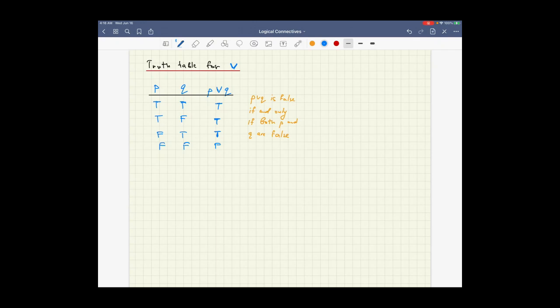Now, the truth table for the implication. That's an interesting one.